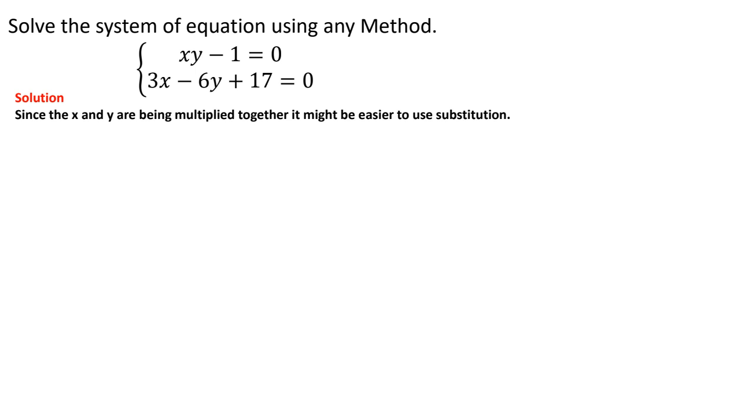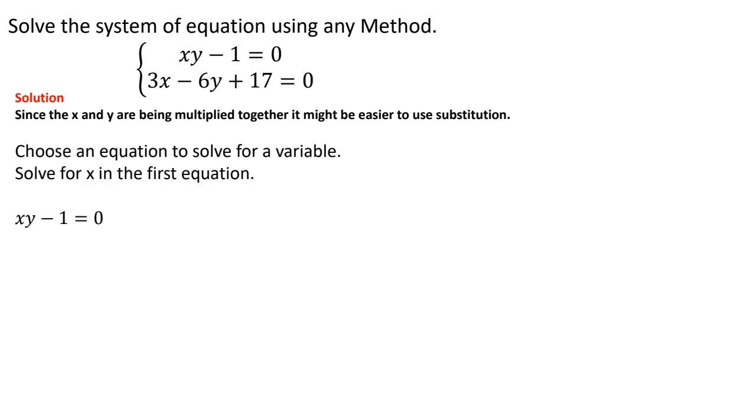All right. So the method that we're going to use, and what I believe is the simpler method, is the substitution method. For substitution, we need to solve for one of the variables and replace it in our other equation. So I'm going to choose the first equation, xy minus 1 is equal to 0, and let's solve for x.